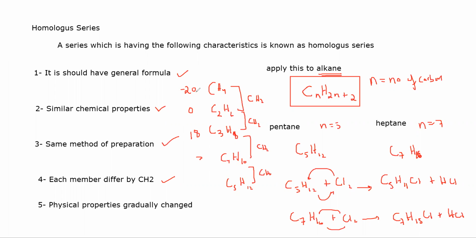If I use simple numbers so that you understand: if the boiling point of methane was 2, then ethane is 12, then the next one is 25, then 37, then for example 40. These are just random numbers, not the exact values.